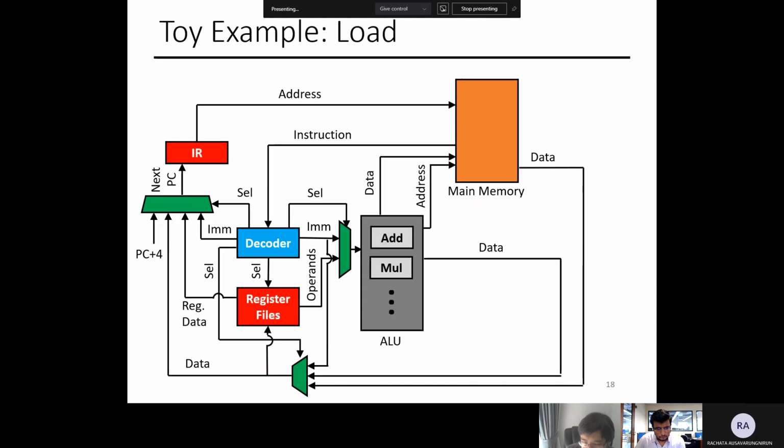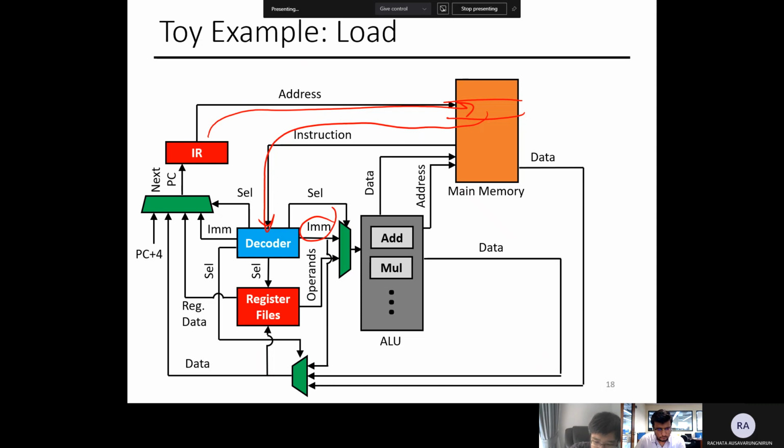Let's do a load. What is a load? A load is, instead of adding numbers together, you load the data from the main memory. So you do the same thing here. You get the instruction using the program counter. Then the instruction comes in, and you need to figure out where to load from. It can be from the immediate, a part of your instruction.